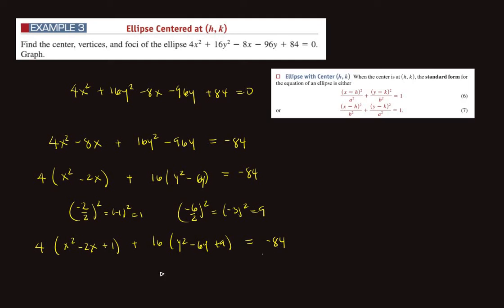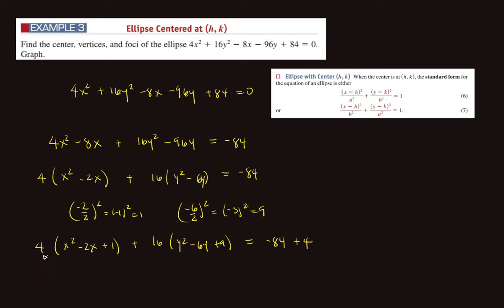But look what happens. If we added 1 here, we have to add 1 on the other side, but this 1 is not alone. There is a 4 in front of it, so it's basically 4 times 1 that we're adding on the other side. Not just 1, but there's a coefficient in front of it, the 4.